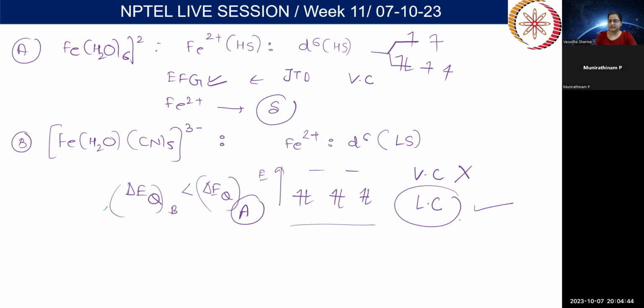Whereas in this case, LC is there because two different ligands are there. Valence contribution is not there. So can you please tell me why here d6 is getting low spin and not high spin? Why am I saying that this particular complex is a low spin complex and not high spin complex?